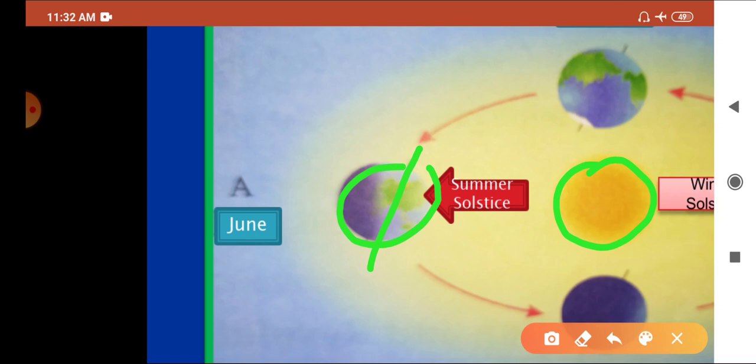So there are summers in the northern hemisphere at this time.